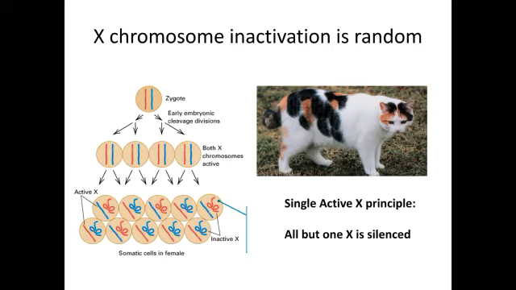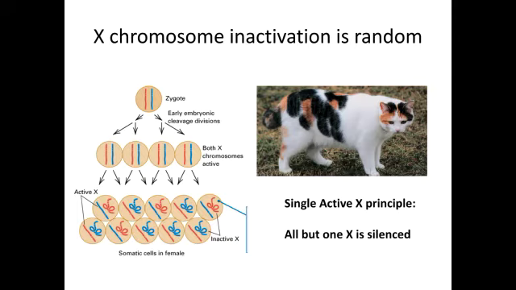And this random inactivation is something that is interesting because it explains the observation of calico cats. So calico cats are only female. All right. Well, there's some weird exceptions where males might have an extra X chromosome for reasons which I won't go into right at this moment. But for the most part, all calico cats are female. All right.